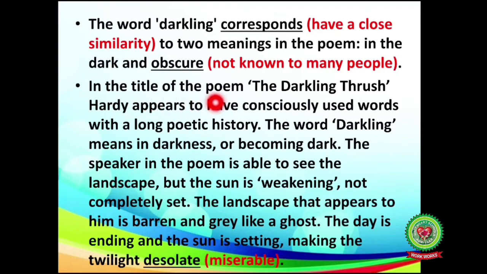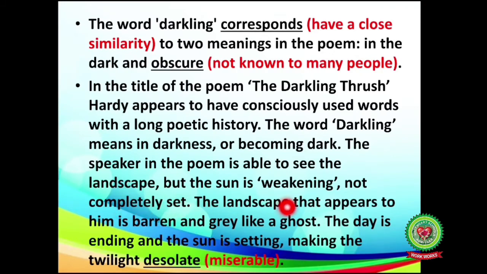In the title of the poem, The Darkling Thrush, Hardy appears to have consciously used words with a long poetic history. The word darkling means in darkness or becoming dark. The speaker in the poem is able to see the landscape, but the sun is weakening, not completely set.